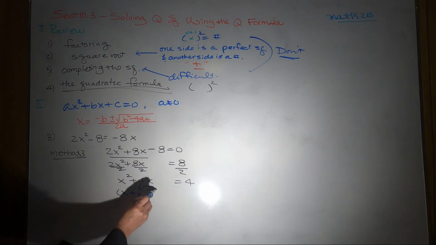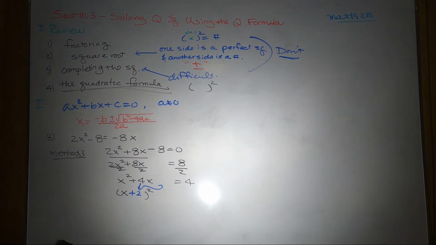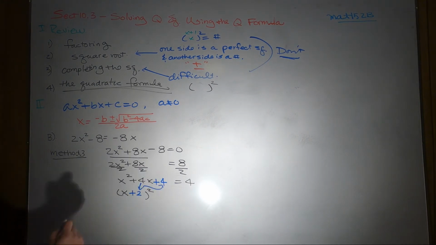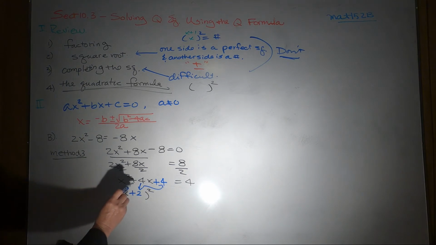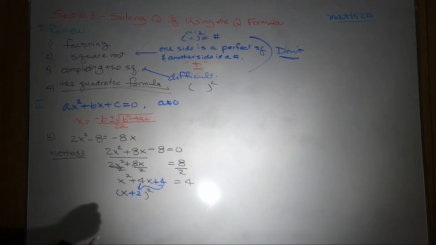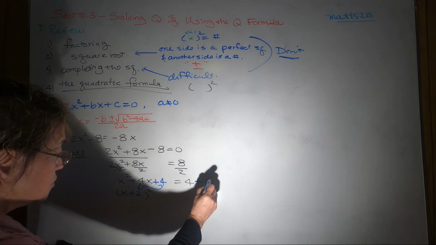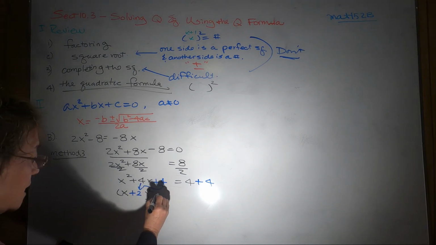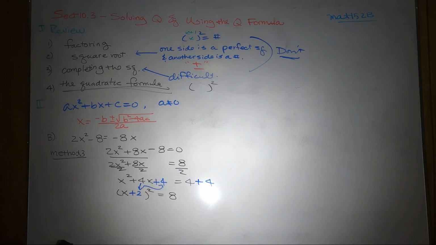If you have 2 here, you need a third term to complete it, so 2 squared. If you add it to one side, you need to add it to the other side. So what do we have? Equals 8. We did this last time.